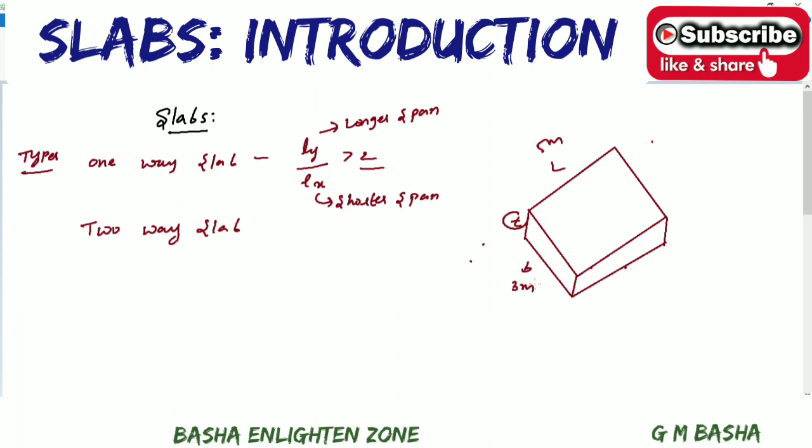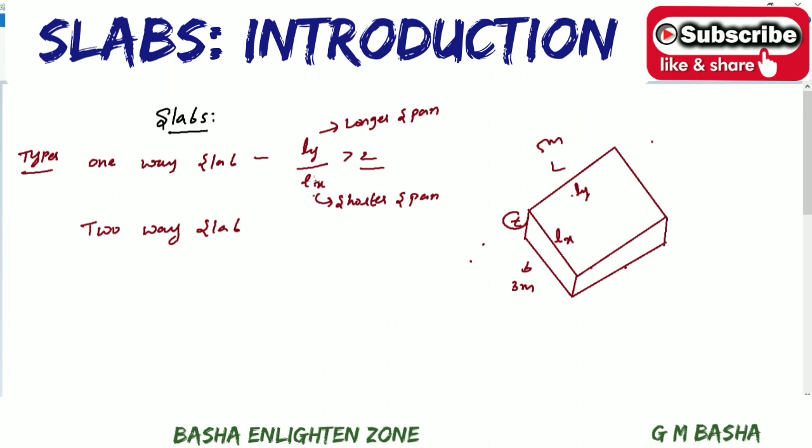So the longer span is denoted with Ly, and the shorter span is denoted with Lx.